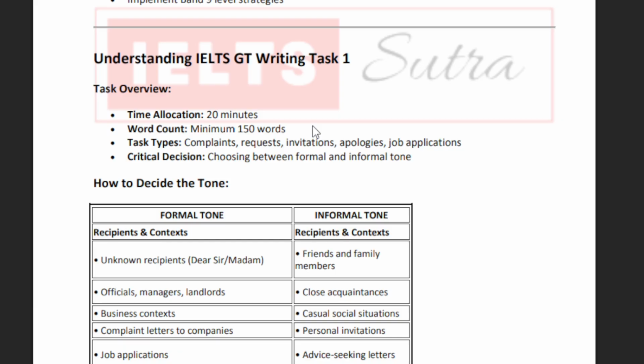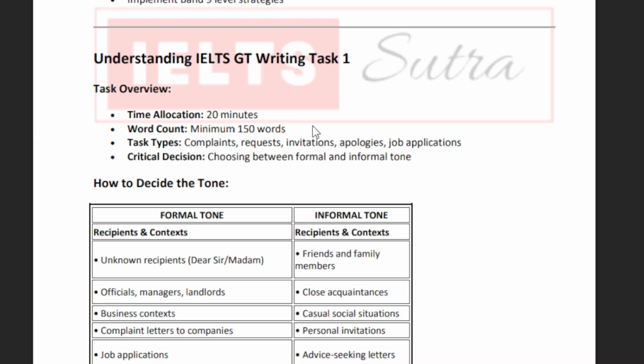The most important aspect, or I would say the most challenging part of letter writing, is to understand the tone of the letter. Sometimes people are really confused whether they should choose a formal tone or informal tone, and understanding this difference is really important, because if you are not getting the tone correct, then obviously you're going to lose your marks in case of task response.